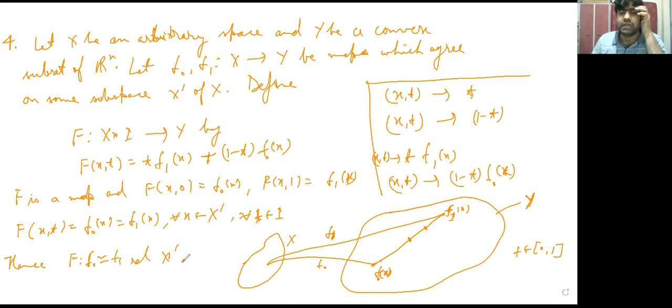Because of convexity of y, we are able to define capital F like this. So yes, this is a homotopy from f naught to f1 relative to x prime. So we stop here.